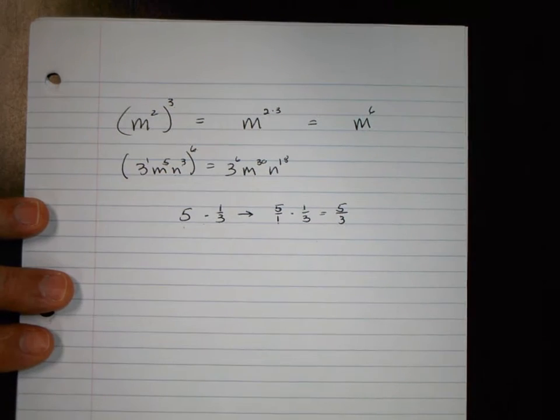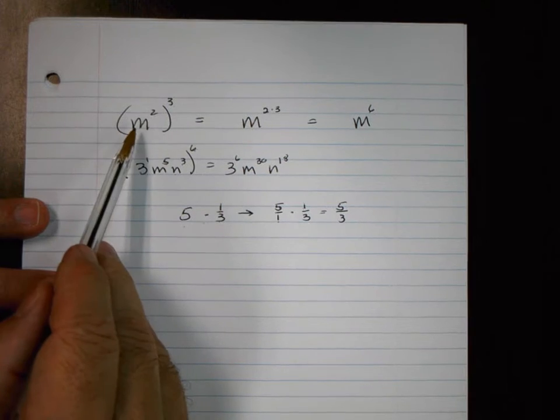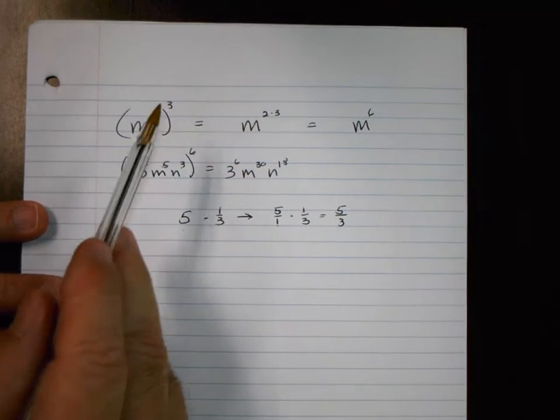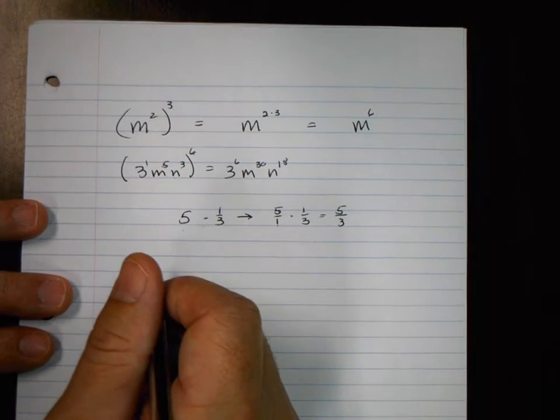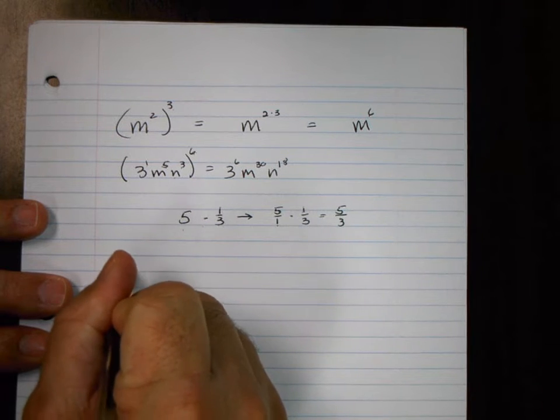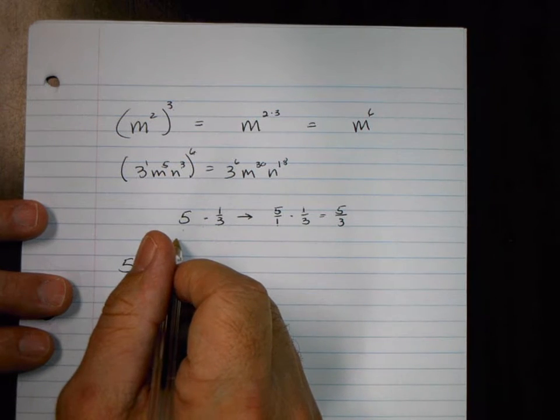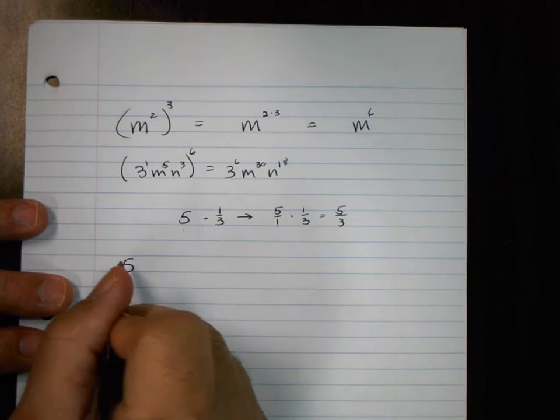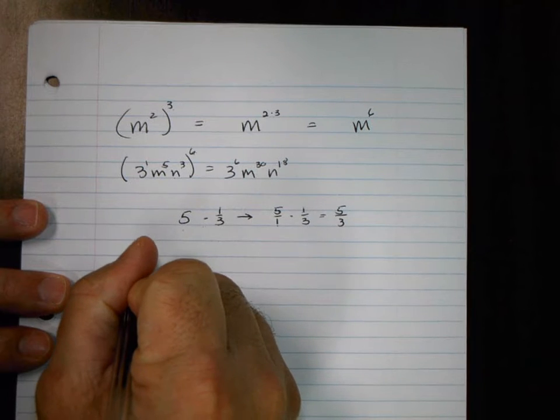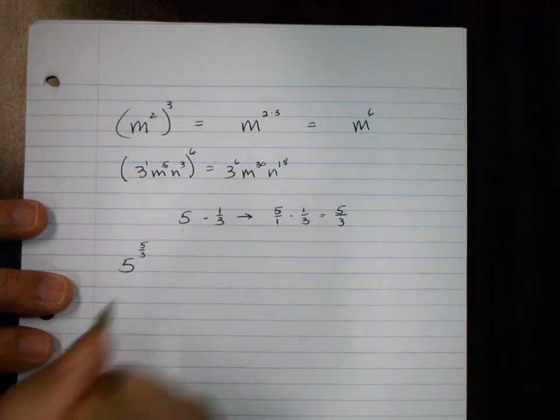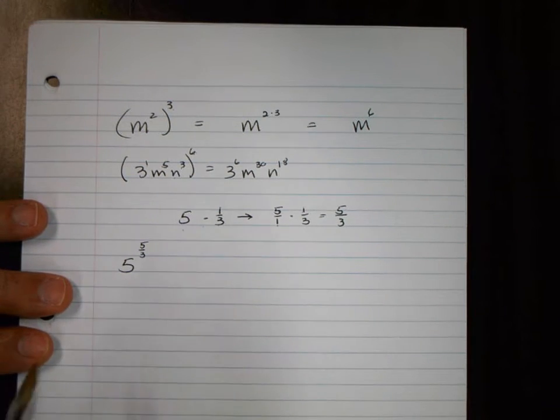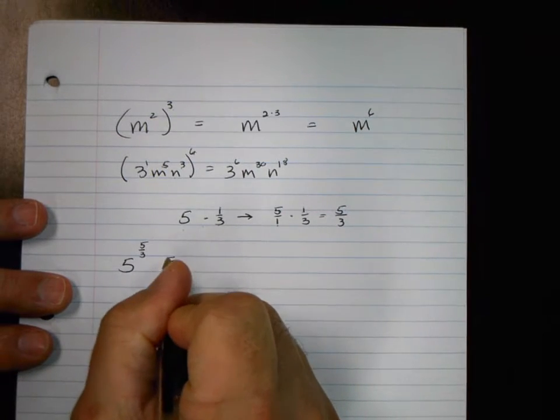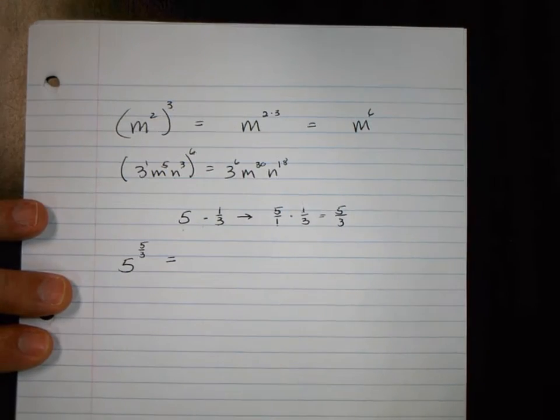All right, keeping that in mind and keeping raising a power to a power in mind, we want to look at this one. What if we had 5 to the, what did we just do? Let's use the same one we just did, 5/3. So let's go with 5 to the 5/3. Okay? Well, if we have 5 to the 5/3, we have two ways we're going to rewrite this.